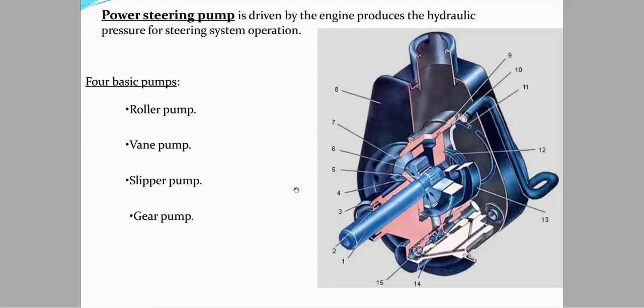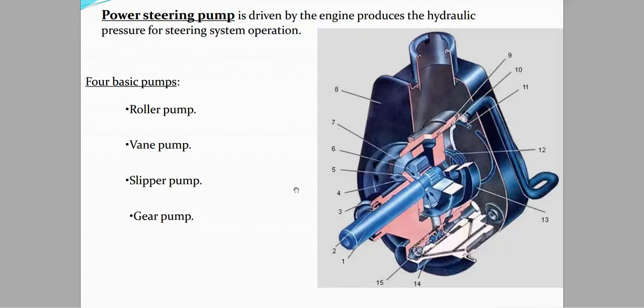All these pumps are used in different automobiles, by which we are able to gain a high pressure fluid. Depending upon the design and the requirement, we can use the roller pump, vane pump, slipper pump and gear pump respectively.